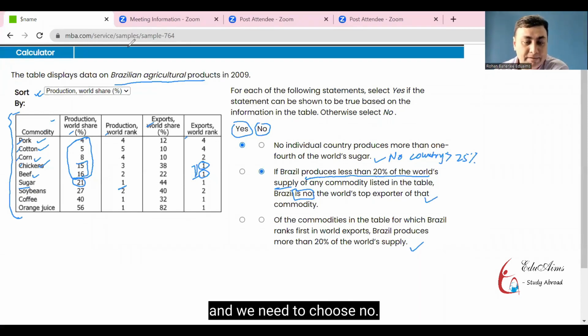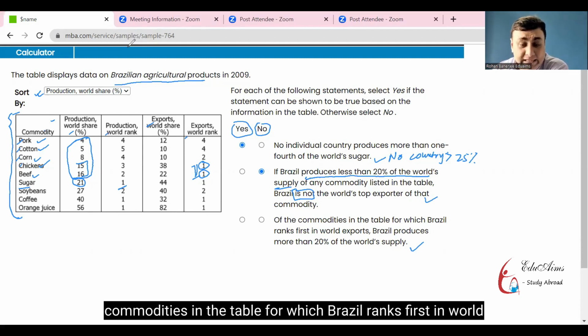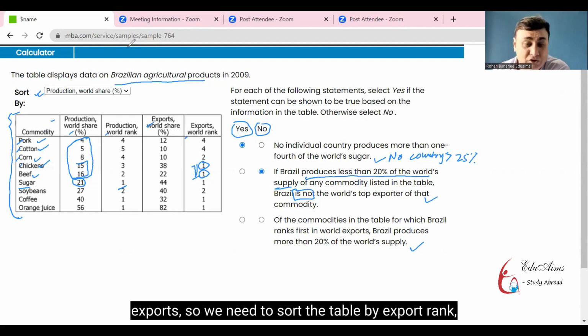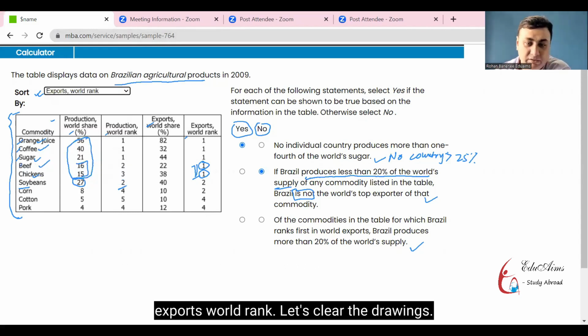All right, let's go to the third option: of the commodities in the table for which Brazil ranks first in world exports, Brazil produces more than 20% of the world supply. So we need to sort the table by export world rank. Let's clear the drawings.